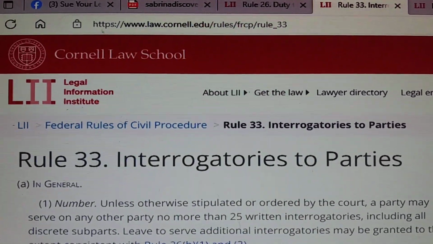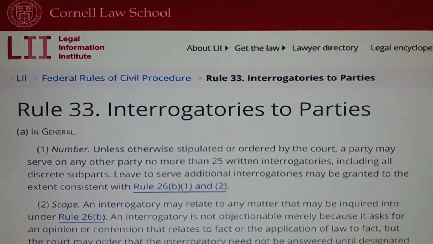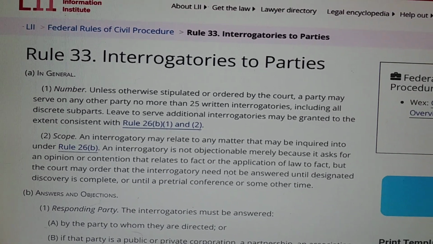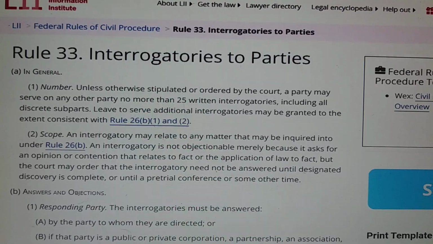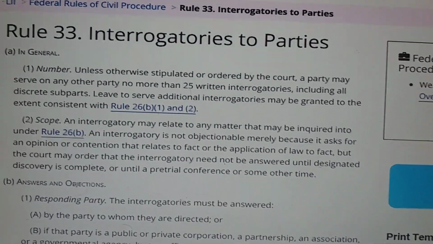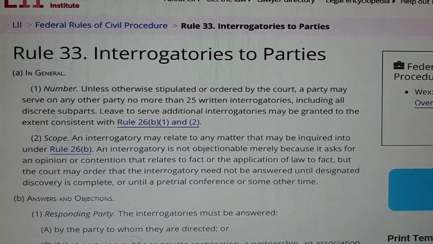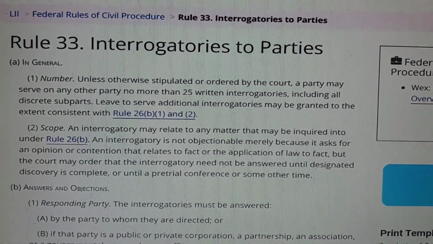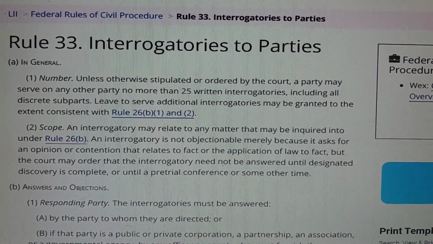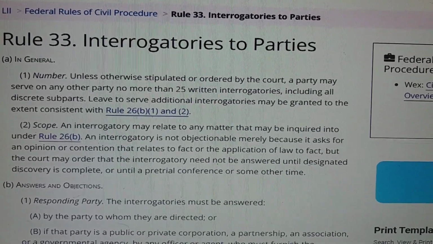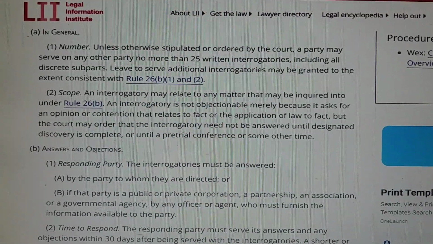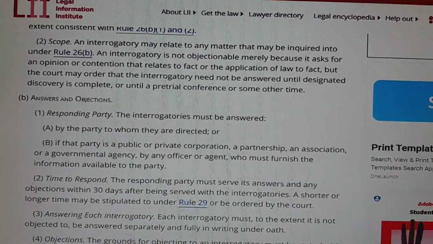A good website is Cornell Law School. They tell you how many days they have to respond and how many questions you can submit to them. The number of questions is no more than 25 written interrogatories, including all discrete subparts, etc.